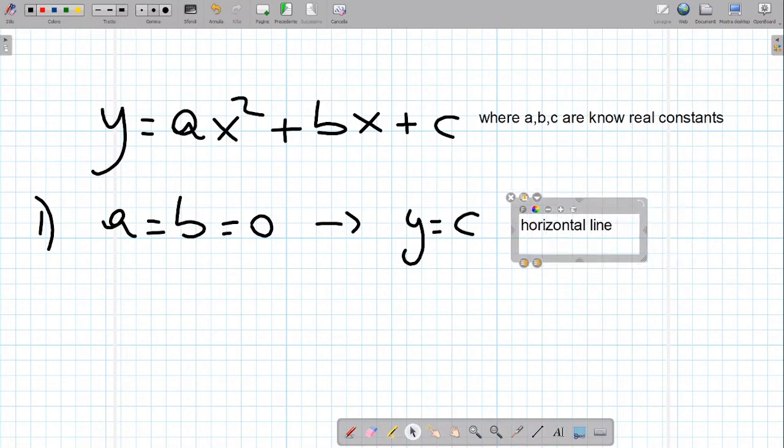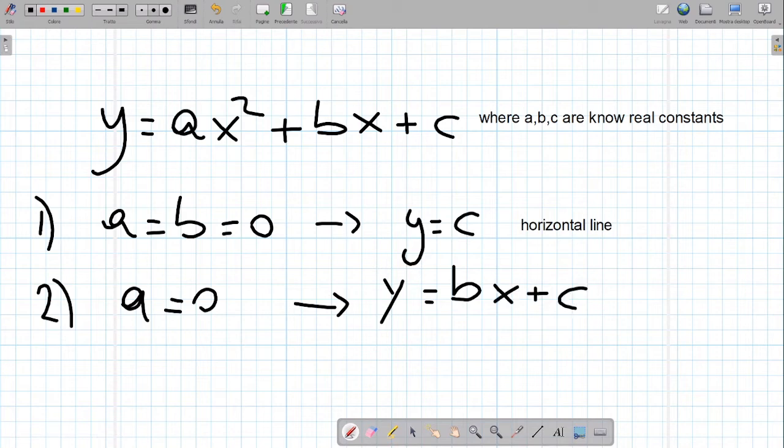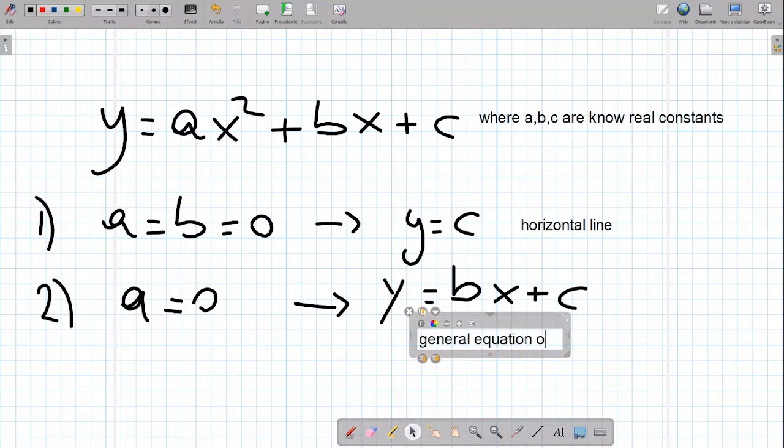Okay. The second case is if we have a equal to 0, but then again it will not anymore be a parable because the power of 2 disappears. It will remain bx plus c, and this is the general equation of the line, with m, the slope, equal to b, and the intercept equal to c.